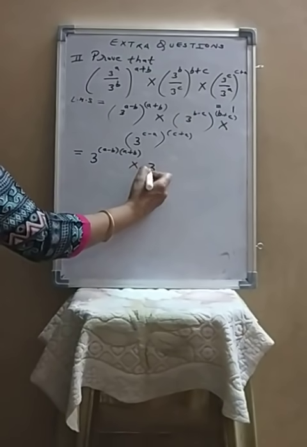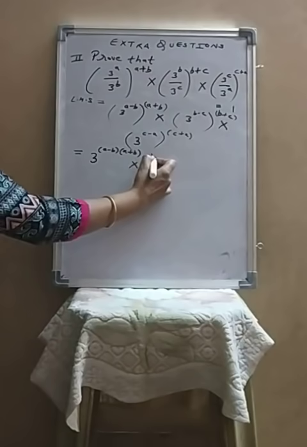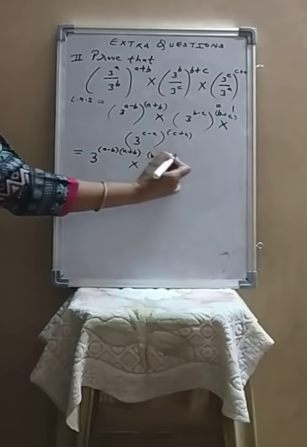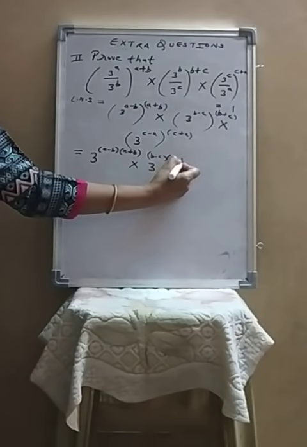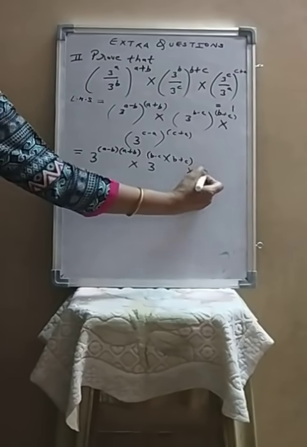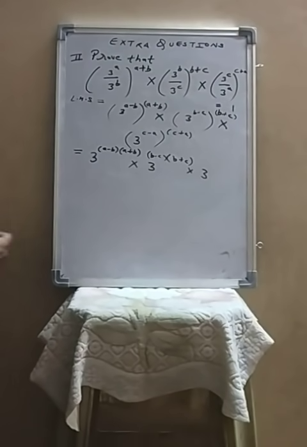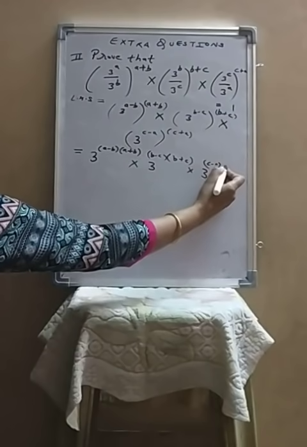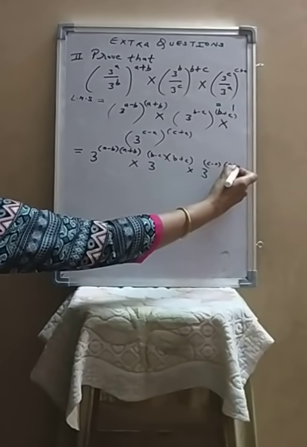Similarly, 3 raised to the power b minus c multiplied by b plus c. And third one is 3 raised to the power c minus a multiplied by c plus a.